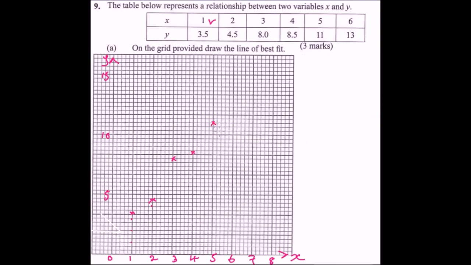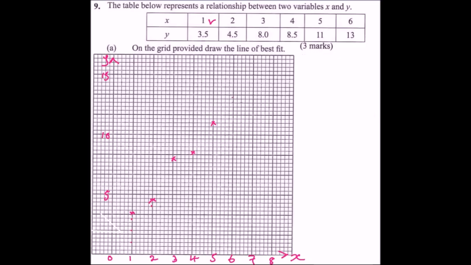Then when x is 6, y is 13, so here is where we have 10, that is 11, we have 12, then from there we have 13, so that is where we have 13 when x is 6.